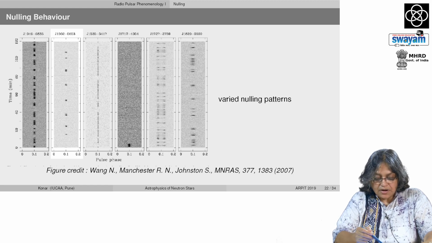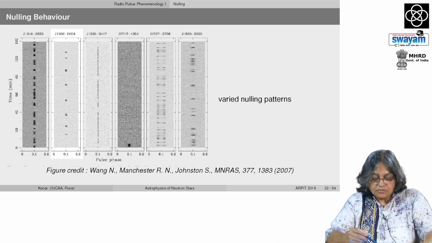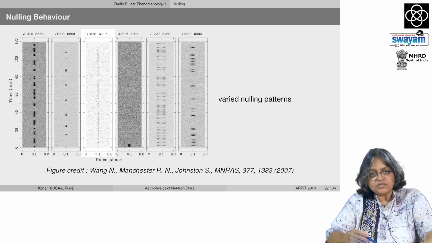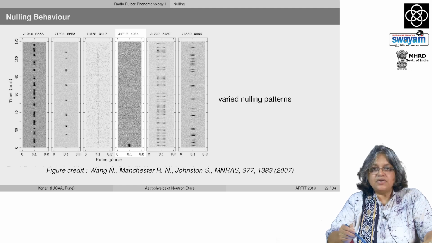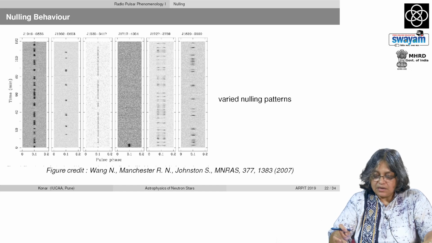So, this one has much longer nulls. In comparison, this third one has very small nulling phases interspersed by long active phases. This one is mostly absent and seen only here, and similarly there is wide variation in the nulling patterns.